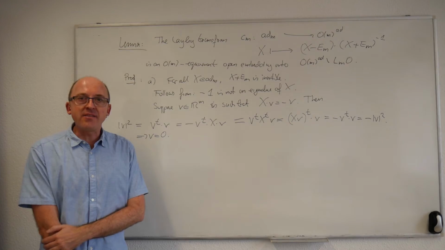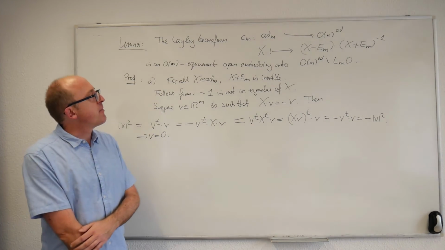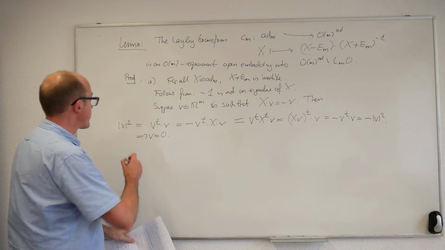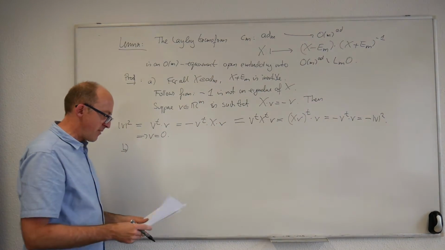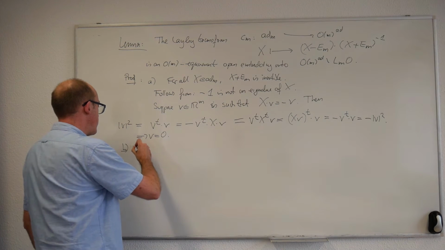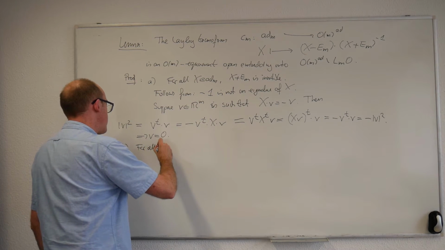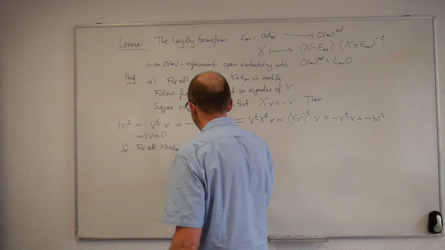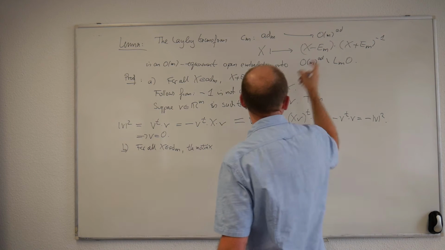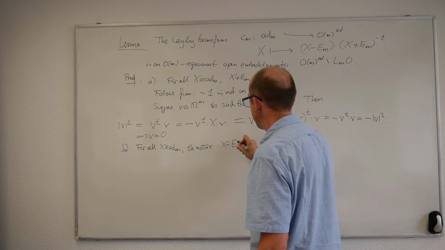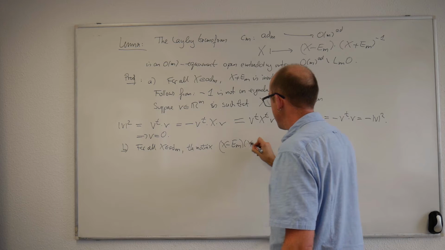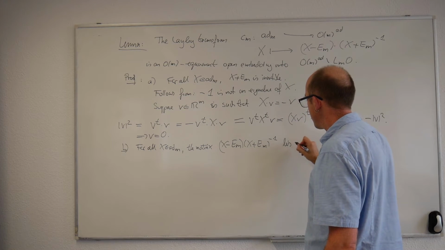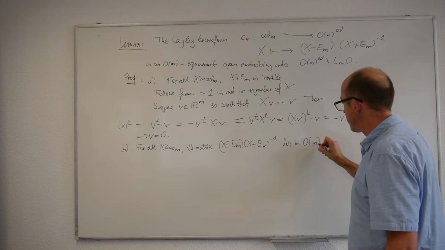Well, it makes sense in the matrix ring, but the next claim that we have to verify is that it actually lies in the orthogonal group. So this is part B. We have to show that for all x in ad m, the matrix we write up there, x minus e_m times x plus e_m inverse, lies in the orthogonal group O of m.